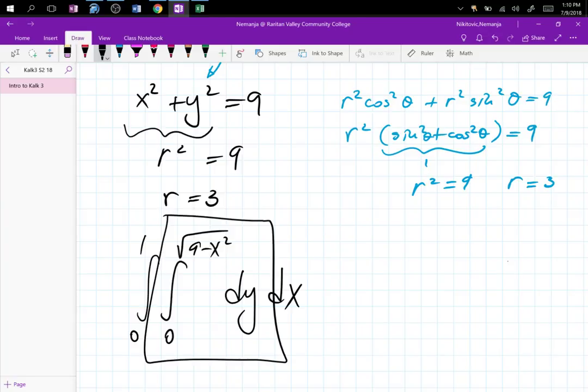You will immediately switch this into a polar based double integral, which we are going to learn in 13.3. I am not teaching this now. But the conversion that we are learning here is important because it's coming up in chapter 13. So please make sure you know this.